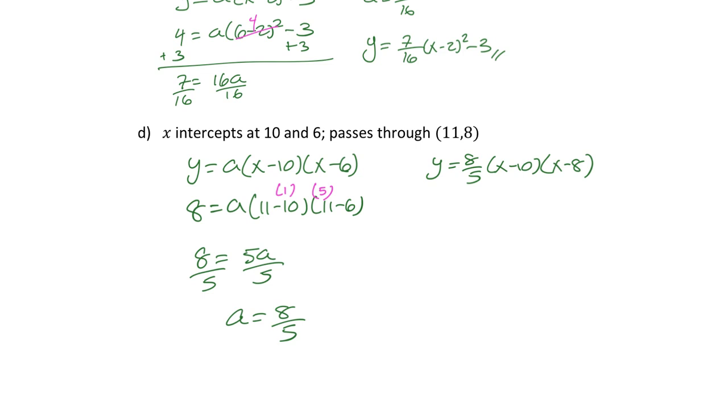To change it to standard form, I'm going to start by multiplying by 5 on both sides. So that means I got 5y equals 8 times, and I'm going to FOIL again.